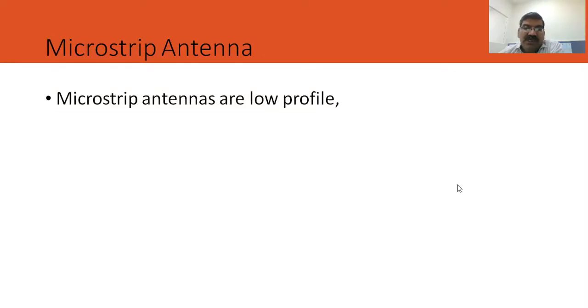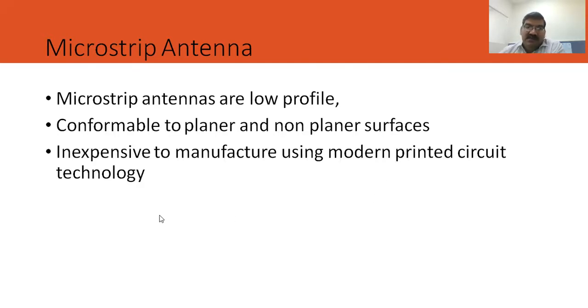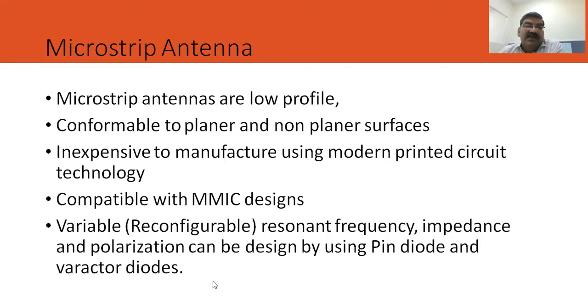So initially we'll understand what is microstrip antenna. Microstrip antennas are low profile. They are conformable to planar and non-planar surfaces. Then it is inexpensive to manufacture using modern printed circuit technology, then compatible with MMIC design, and then it is variable or reconfigurable.